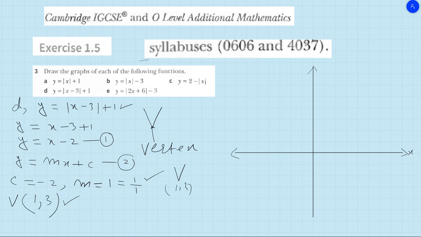Our vertex is 1 comma, sorry, our vertex is in part D. Actually, I made a mistake.